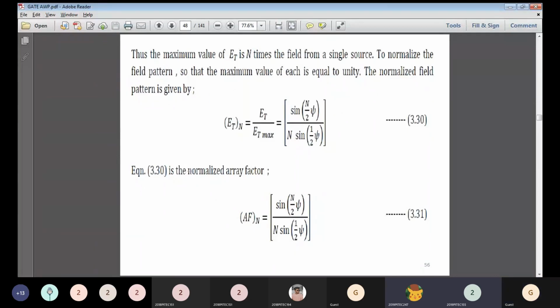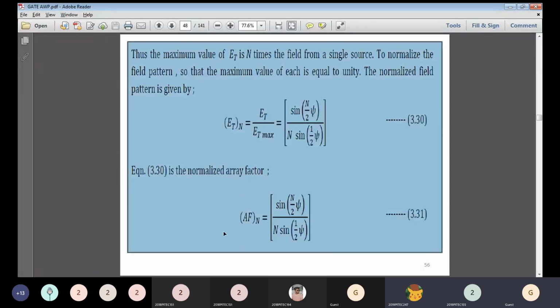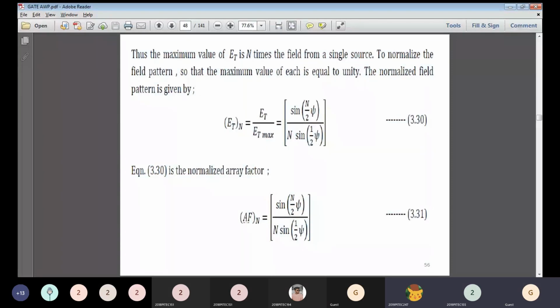Please note this down: normalized array factor AF of n equals sine n by 2 psi by n sine 1 by 2 psi. Definitely you'll be getting a question like this.